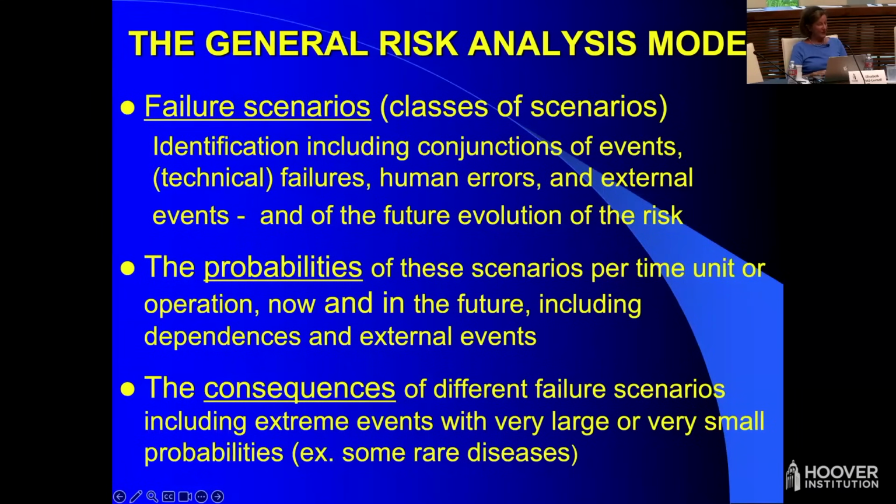Now, the probabilities of these scenarios per time unit of operation, now in the future, including, again, the dependencies and external events, and the consequences of the different failure scenarios, including these extreme events, with very large or very small probabilities. You don't dump them because they are at the end of the distribution.